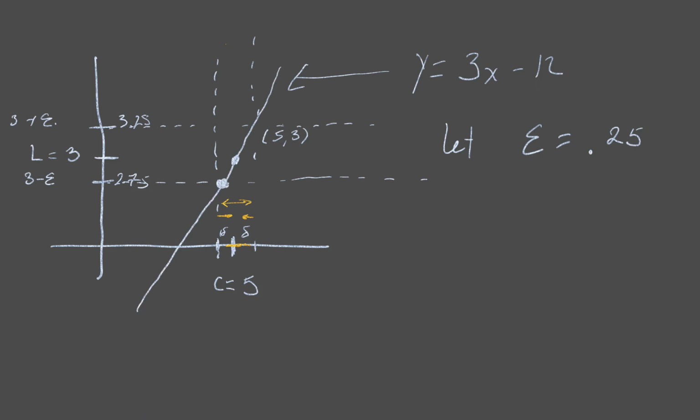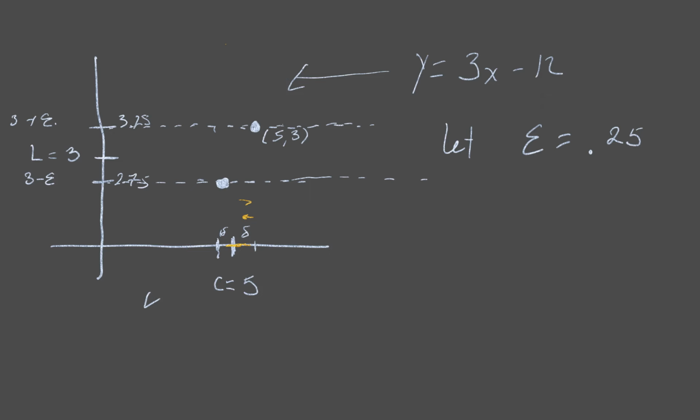Well, I know this point and this point are on these horizontal lines that we drew, which were the top of the box and the bottom of the box, right?